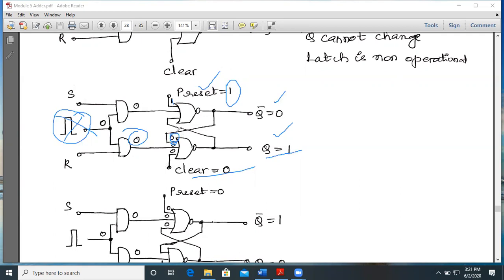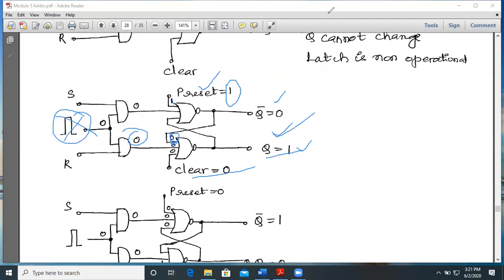That output comes over here, and the output of this AND gate is 0, and this one also 0. All the three are zeros. Clear also we are giving 0. So when all the inputs are 0, obviously we are getting Q as 1. That means when we give the preset signal as 1, we are getting the set state.